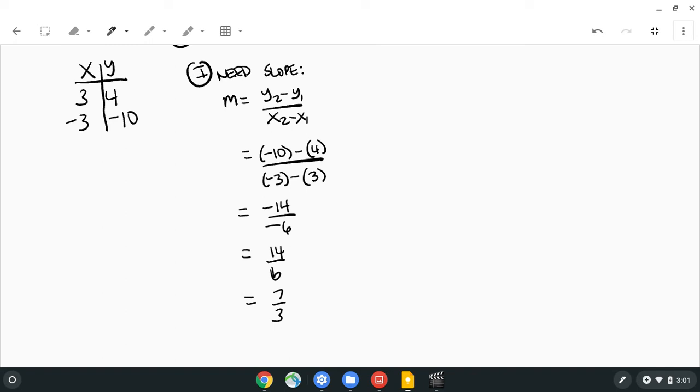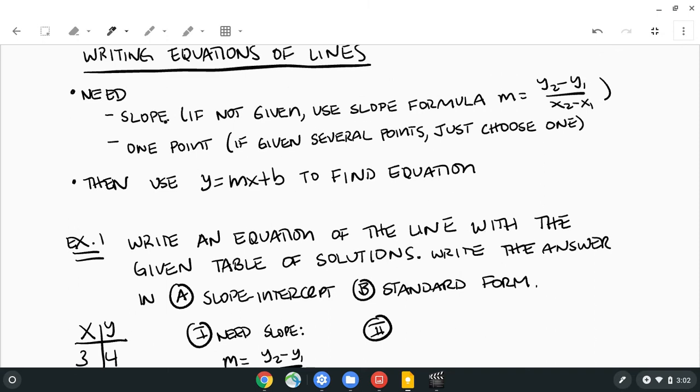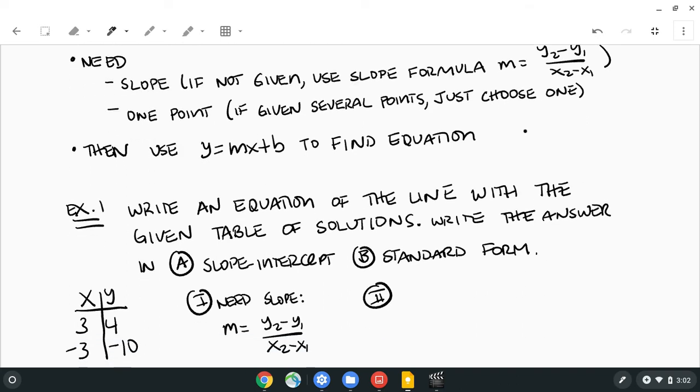All right. So now I can go ahead and choose one of these 2 points. Because it says here, this is what we need. We need slope, and we just found it. And we need 1 point. If you're given several points, just choose one.